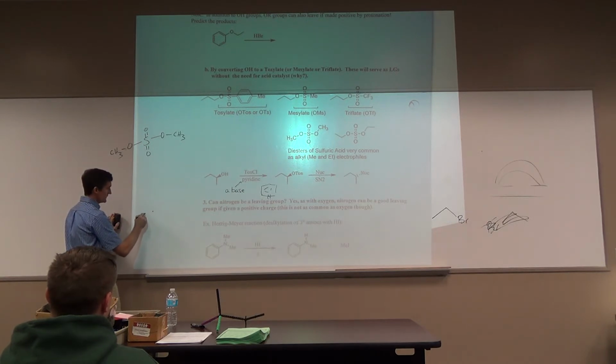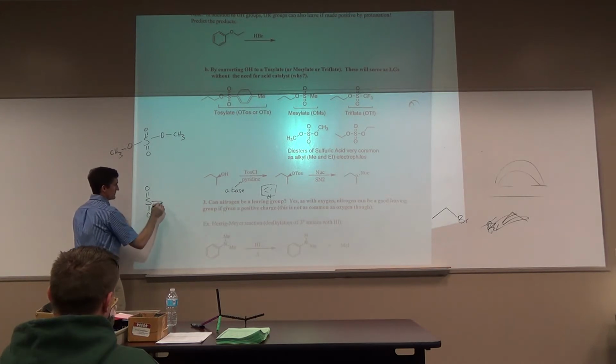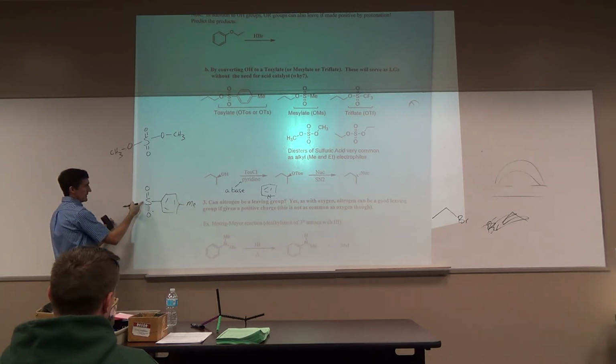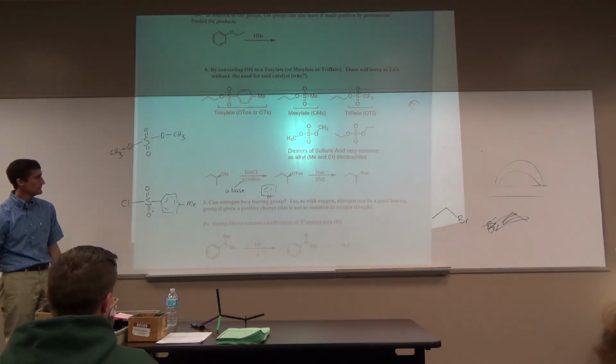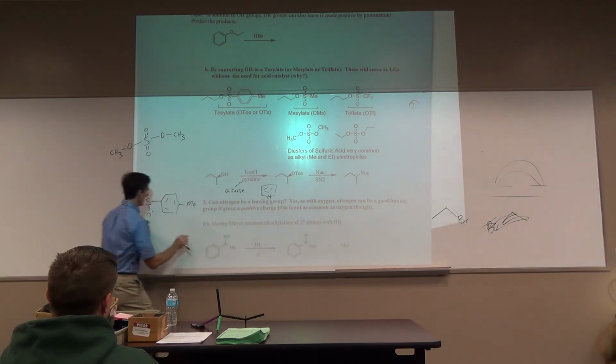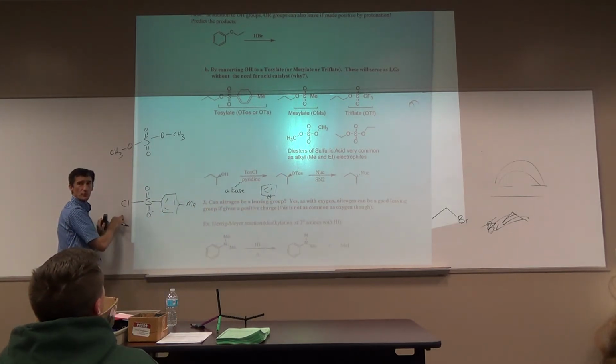Tosyl chloride would be what? Well, tosyl is this, right? What do you think's here instead of? Okay, that's tosyl chloride. And to get this product, the oxygen is now bonded to the tosyl. The oxygen displaces the chlorine.